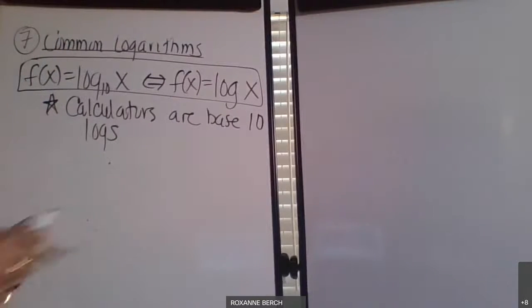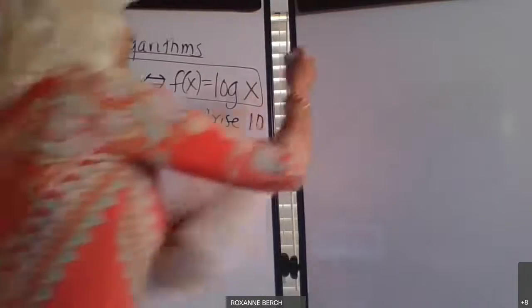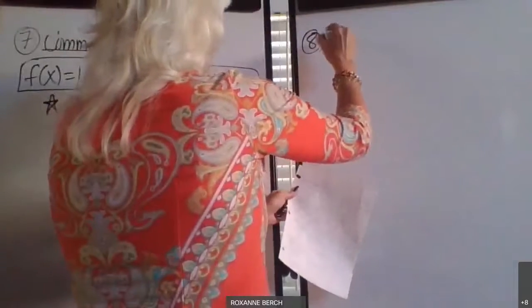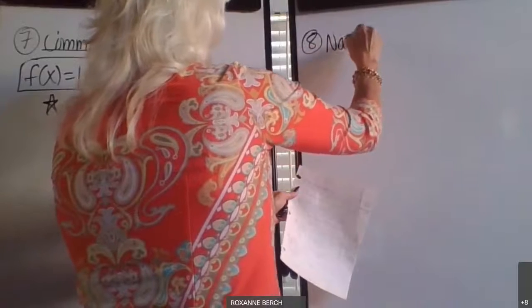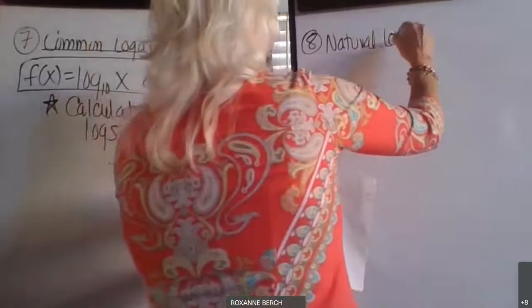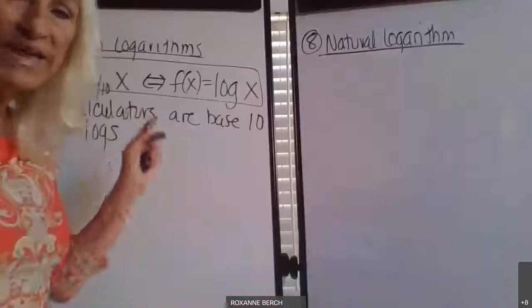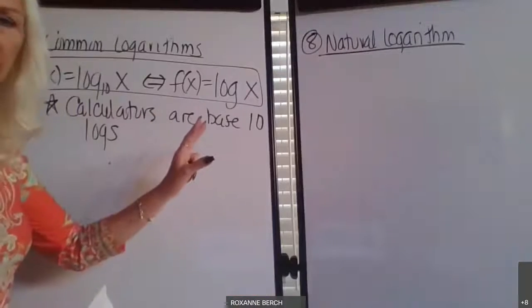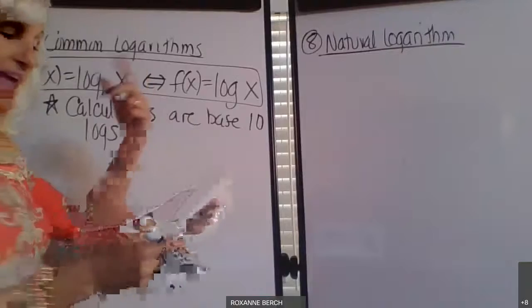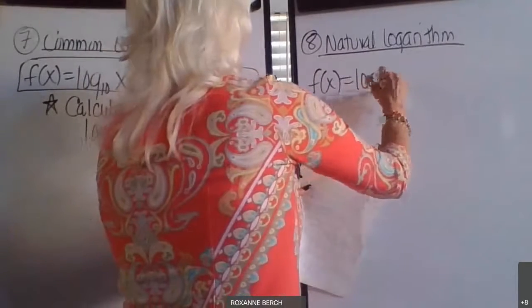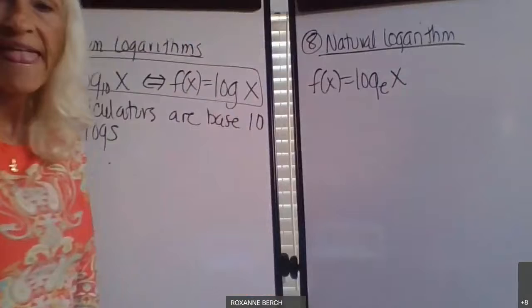This is objective 8. It's called a natural logarithm. You have a common logarithm, which is base 10, and natural logarithm, you're never going to see that.